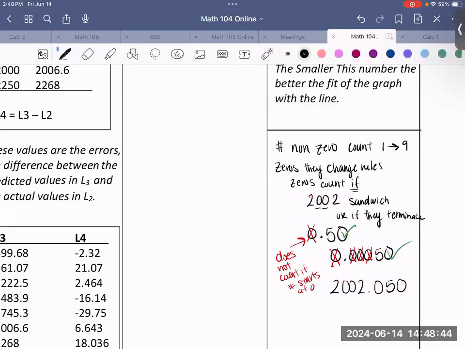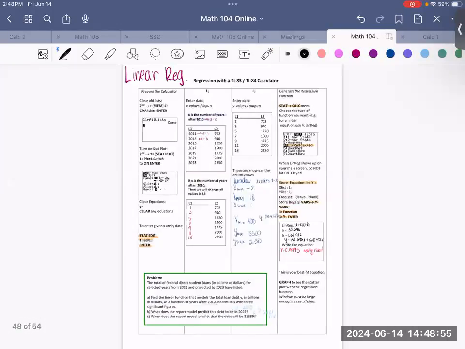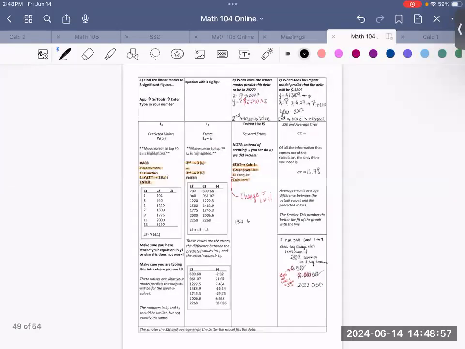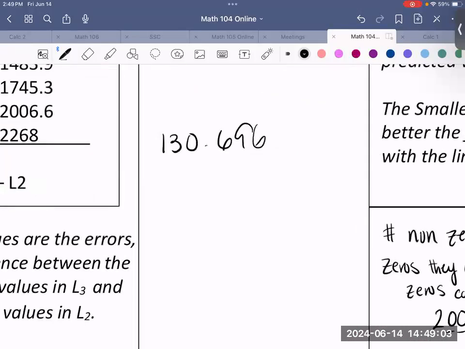So that being said, if we're looking at the number, let's see, what was our number to begin with? 696. When we're talking about 3 significant figures, the first numbers, if they're actual numbers, they're going to count. So this counts, 1, 2, they count. And when we go to look at the third significant figure, this one counts the way that it's sandwiched right here.